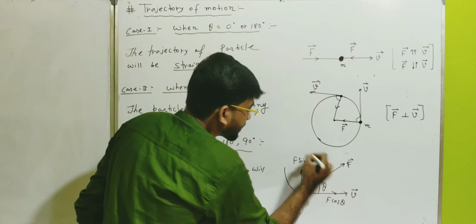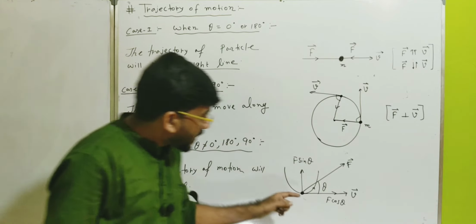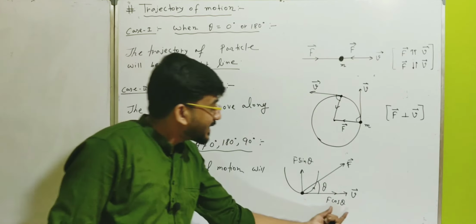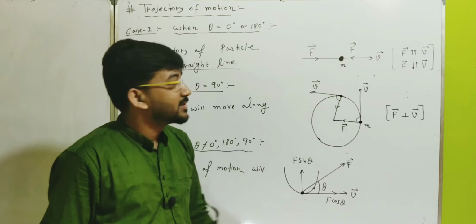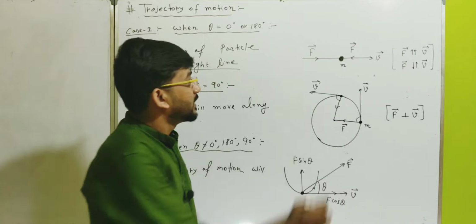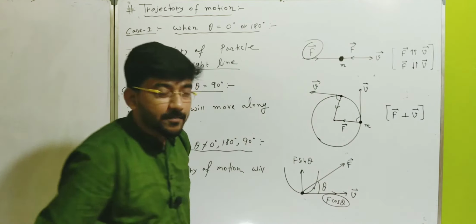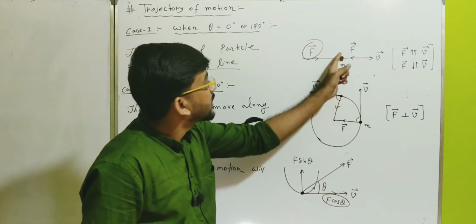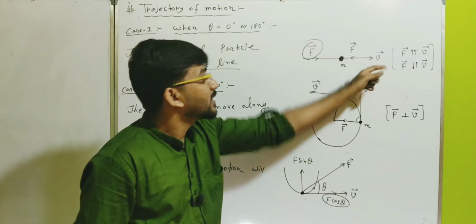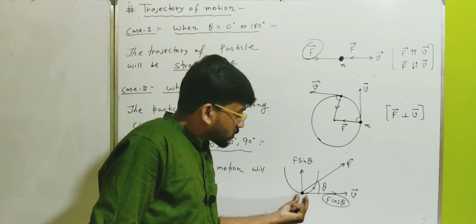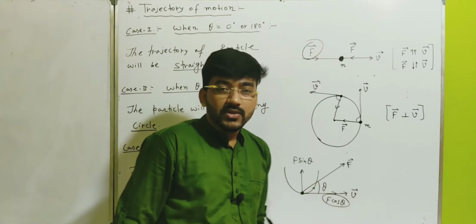Now if we look carefully, F cos theta is parallel to v, and this case we have discussed, where F is parallel to v. The role that F plays there is the same role F cos theta plays here. So the F cos theta component will try to move the particle along a straight line.